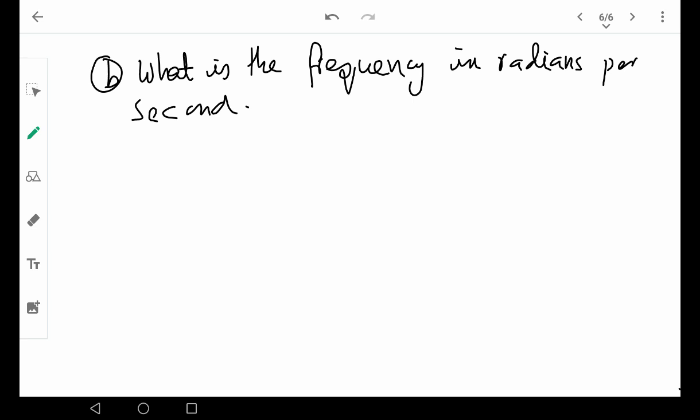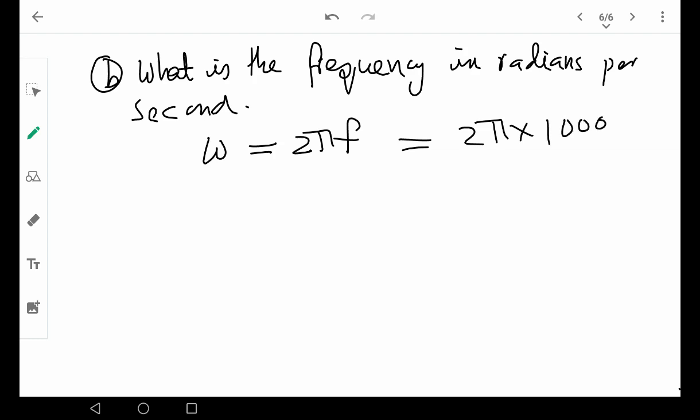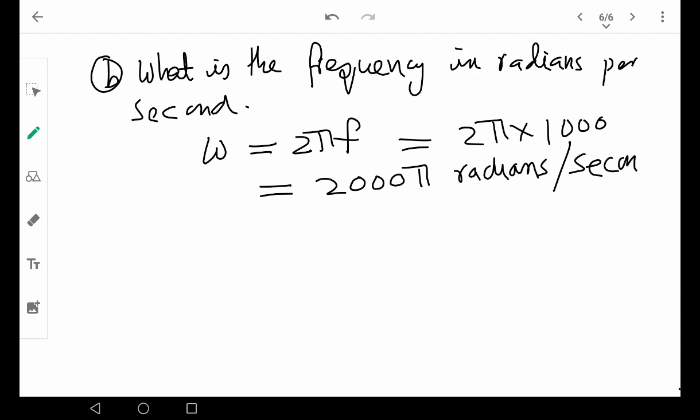So the frequency in radians per second is angular frequency omega. Omega will be equal to 2 pi into f. So it will be 2 pi into 1000, right? Frequency is 1000. So that is equal to 2000 pi radians per second.